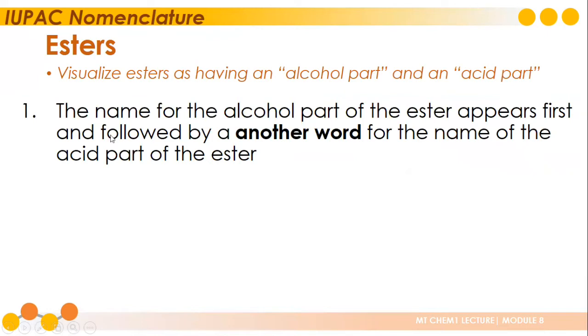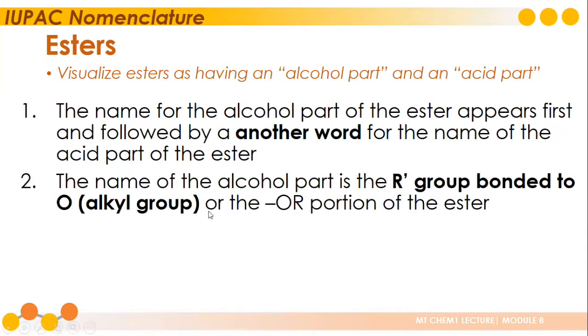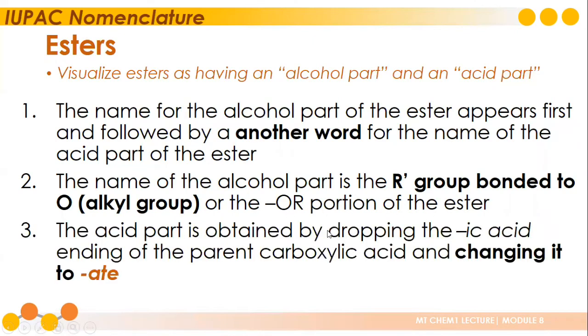So, first step, the name of the alcohol part of the ester appears first, followed by another word for the name of the acid part of the ester. So there should be a separation between the alcohol part and the acid part. The name of the alcohol part is the R group bonded to O, or the alkyl group, or the OR portion of the ester.